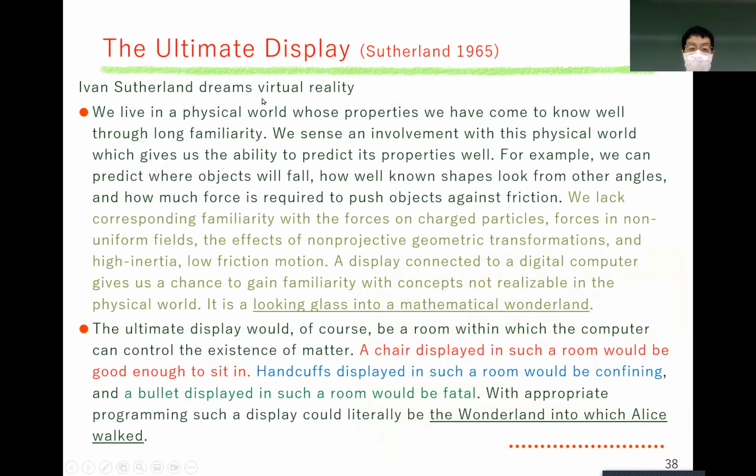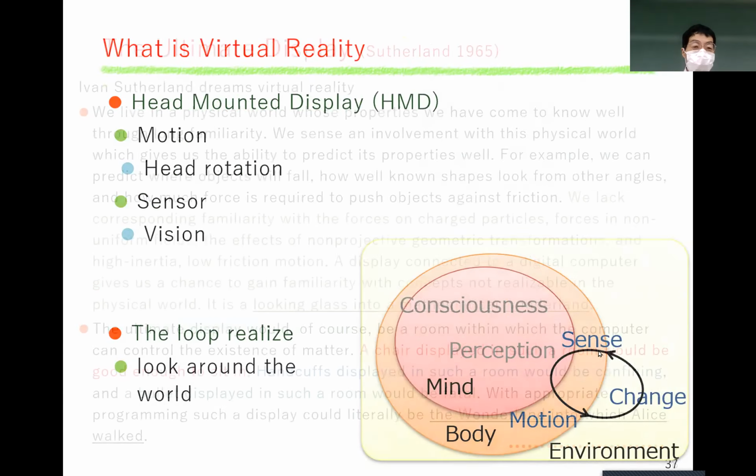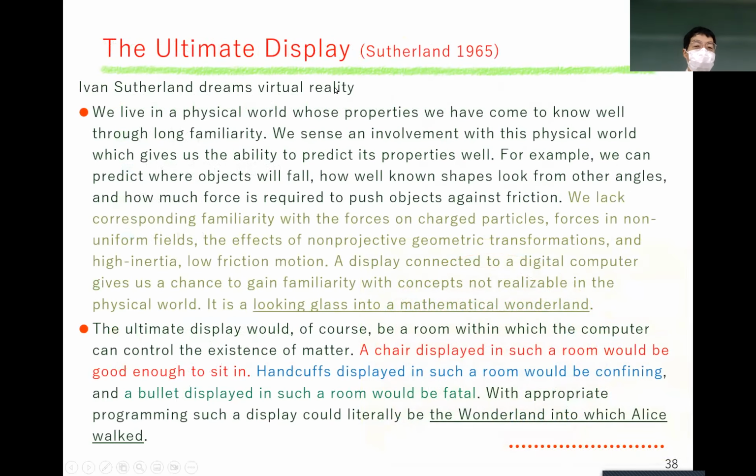Of course, this is at the beginning, so the technology is not mature, so a very primitive image is drawn. But his dream was already similar to recent research. So Ivan Sutherland dreamed of virtual reality, but a bit different.